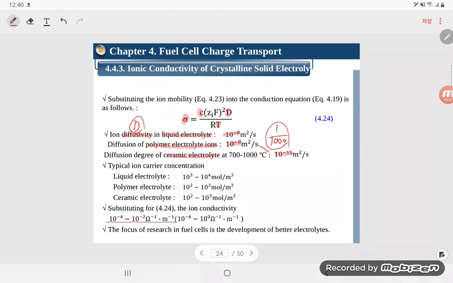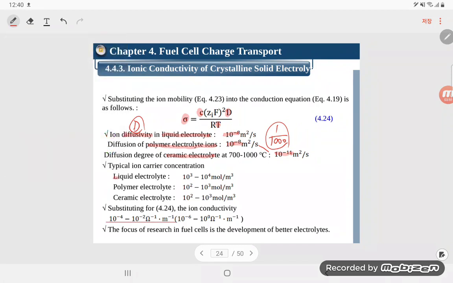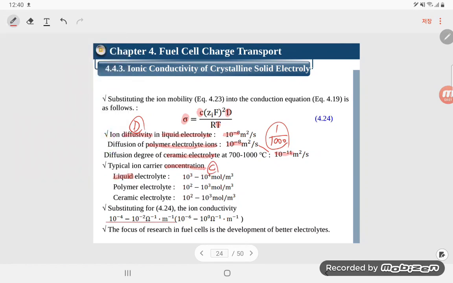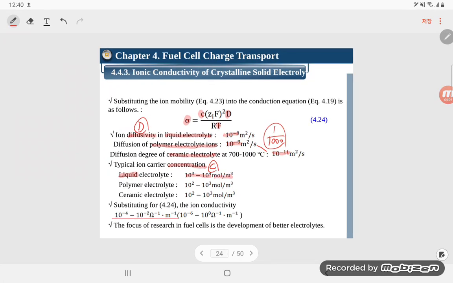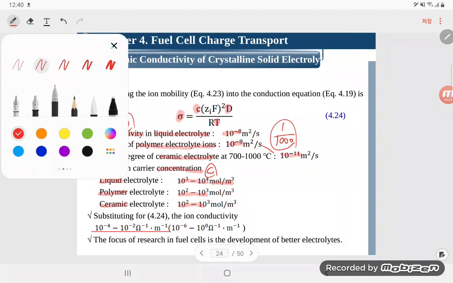So the typical ion carrier concentration C is surely the highest in the liquid electrolyte, ranging from 10 to the 3 to 10 to the 4 mole per cubic meter. The polymer electrolyte has a value in this range, and the ceramic has a value comparable to that of the polymer electrolyte.